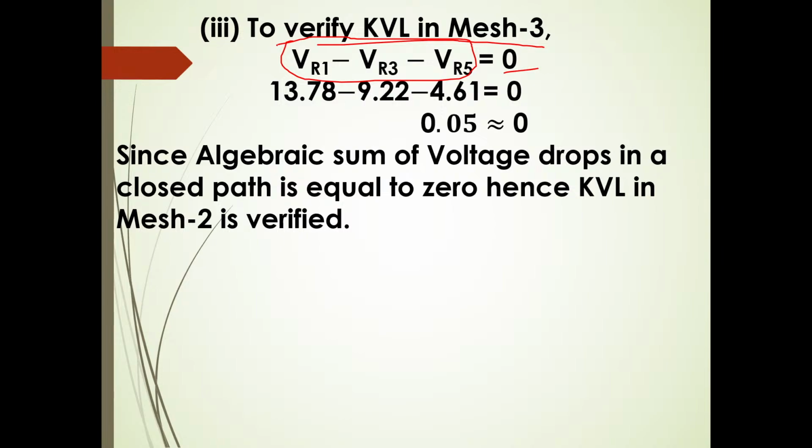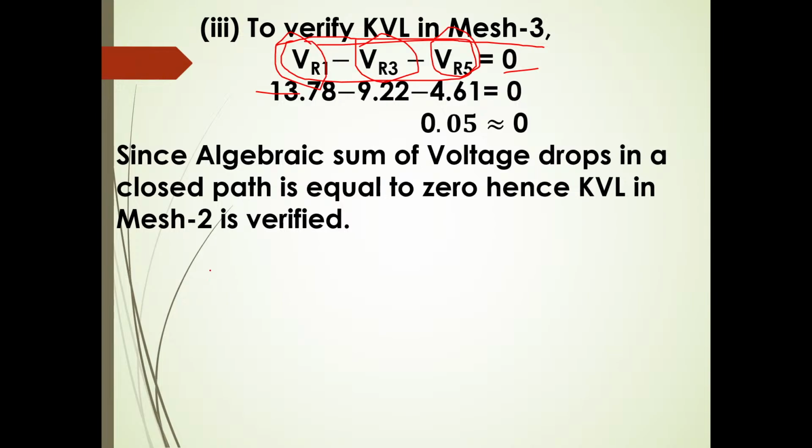So what we have, if you observe there, R5, the voltage drop across R5, the voltage drop across R3, and the voltage drop across R1.